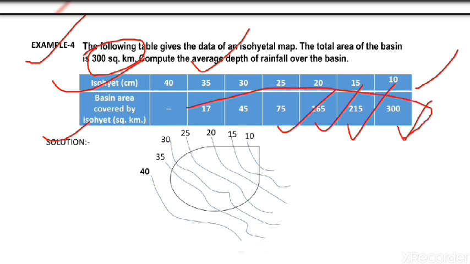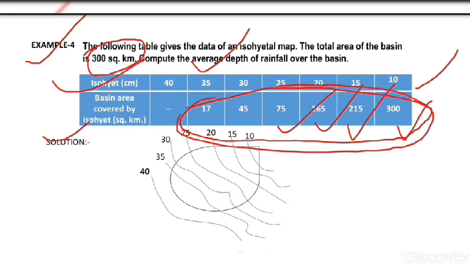This area is not the individual area covered by the isohyet, because if we add up these areas we would get a total obviously more than 300 square kilometers, but in my question the total area is given as 300 square kilometers. So in this table the isohyetal area is given as cumulative area, not individual area.